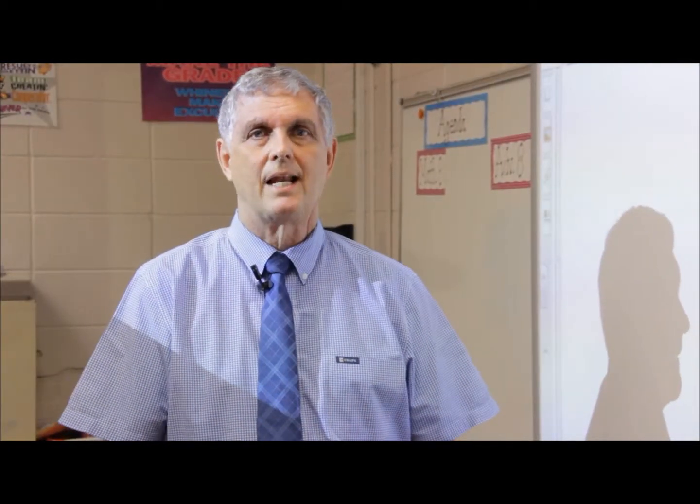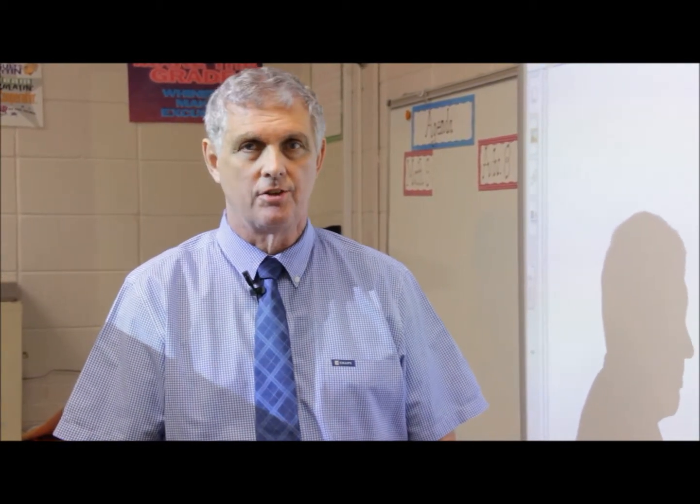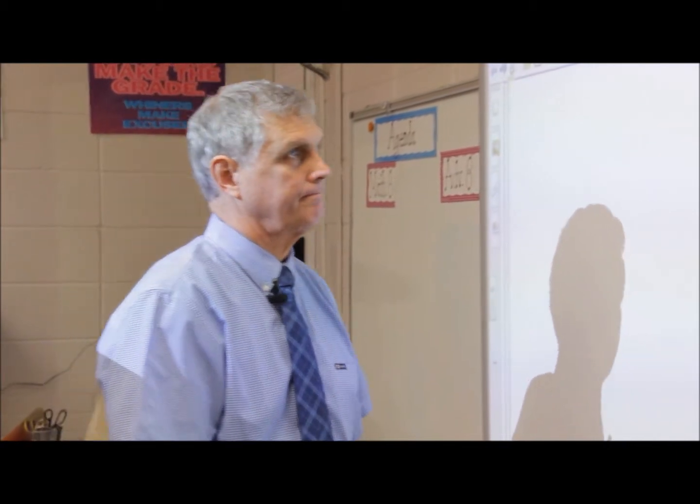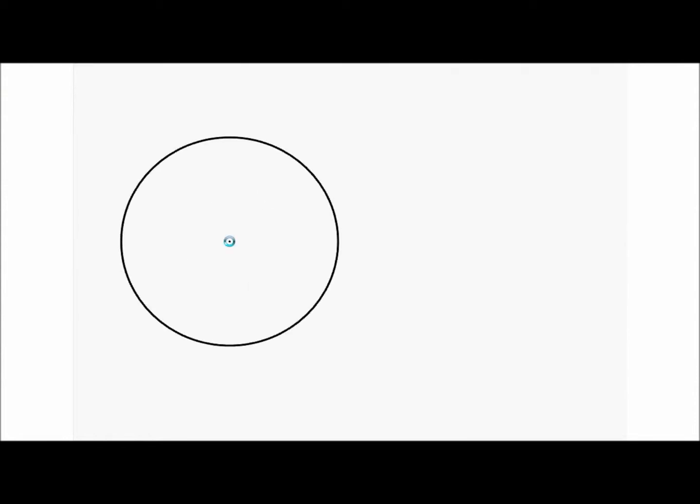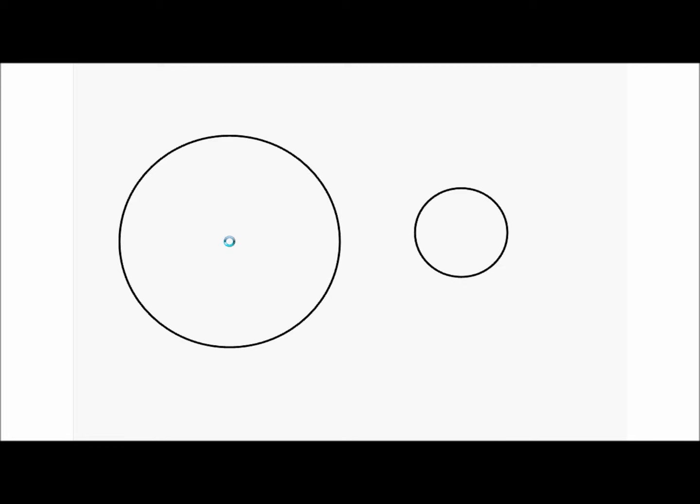So let's get started. Okay, let's talk about angles now in relation to circles. Let me borrow a tool here so I can do a nice circle. Let's put a circle here, and I'll put a smaller circle over here. And let me borrow a line tool.